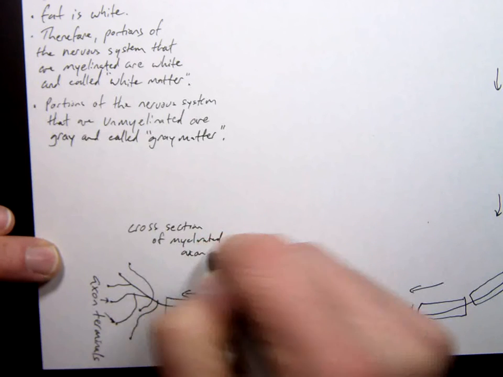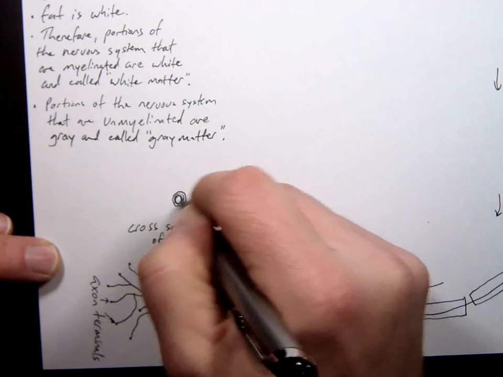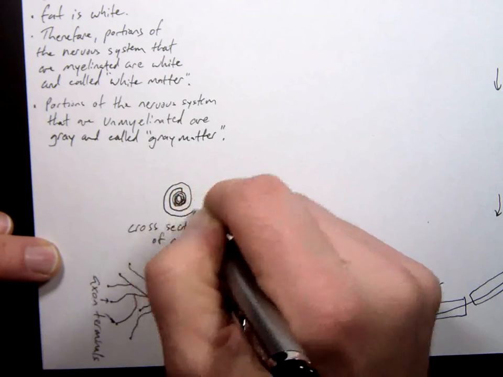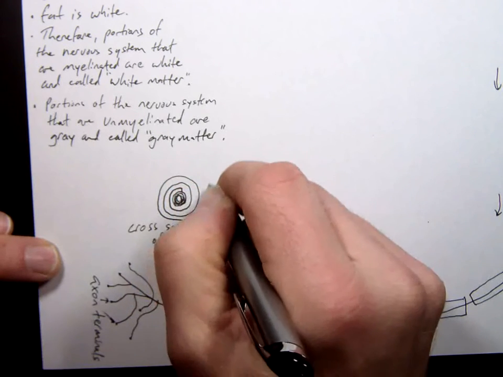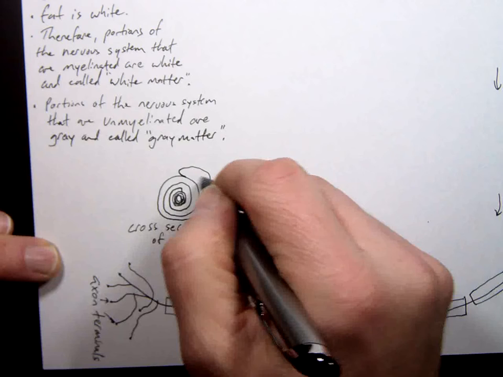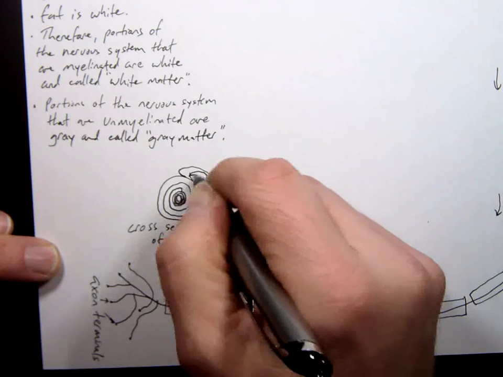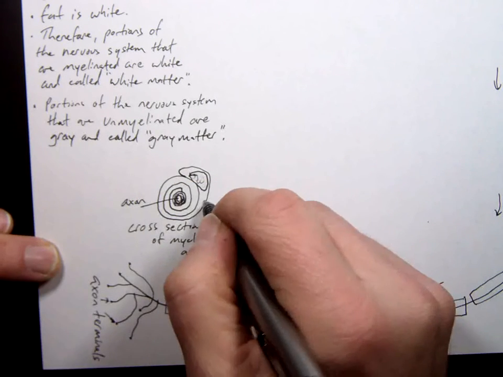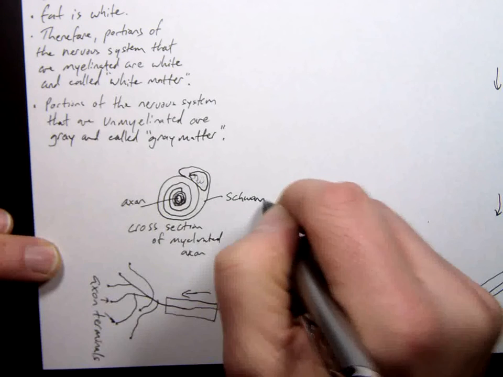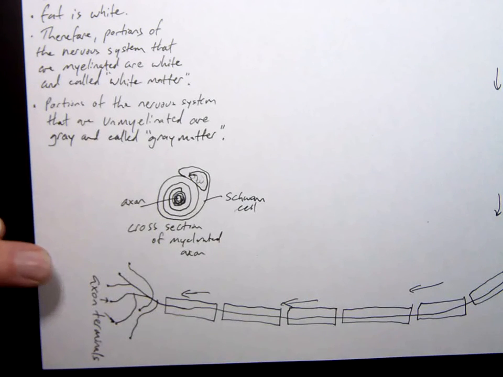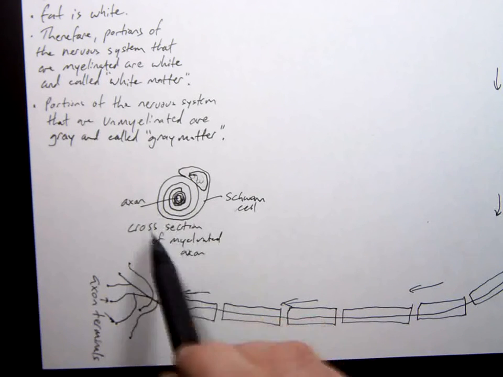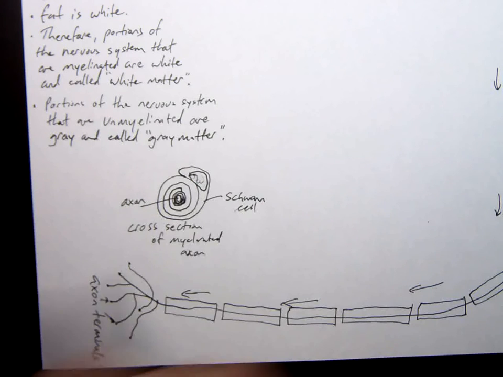Here's the axon, and we start our cell right there, and we'll loop it around a few times. A bit of a lump right there, and we'll end it there. That lump will be the nucleus. So axon, and this could be a Schwann cell. They loop around, and this is small in comparison. Normally they'll wrap around 10, 12, 15, 20 times. Good layers of insulation.